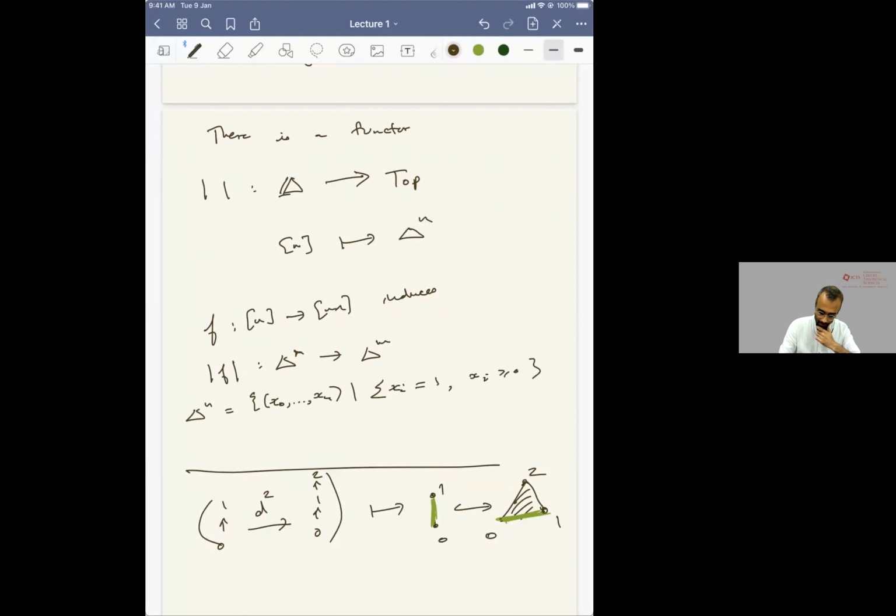So f of x0 through xn is equal to y0 through ym, where yi is the sum over j in f inverse of i of xj.